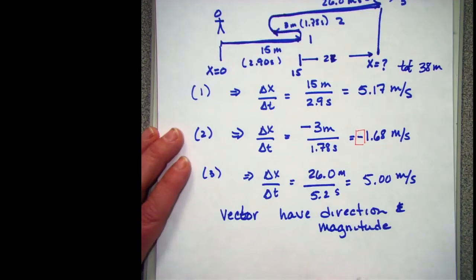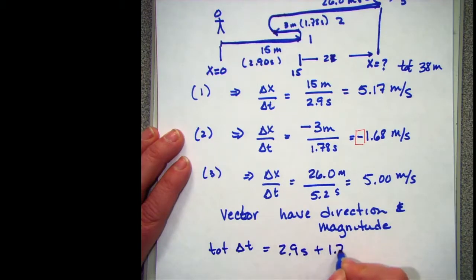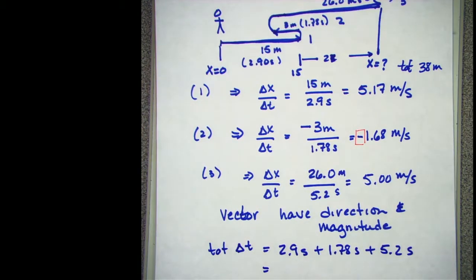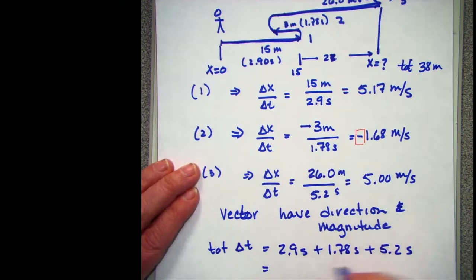Now I have to have my total time. So my total time is going to be 2.9 seconds plus 1.78 seconds plus 5.2 seconds. If I do that, it gives me 9.88 seconds.